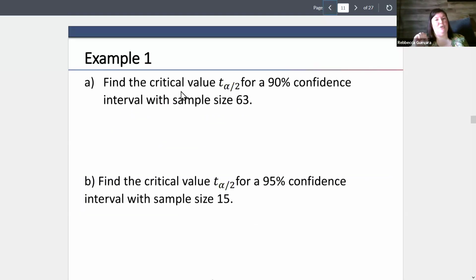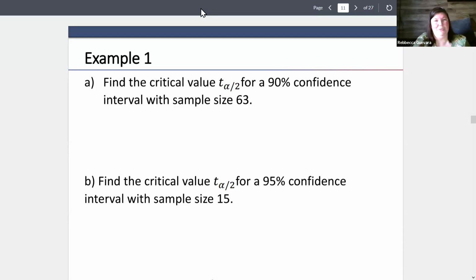So let's just do, like I said, just look for our confidence intervals here. So the only thing that changes, oh sorry, just the critical values. I thought we were looking for the confidence intervals. We're going to find the critical values once again.